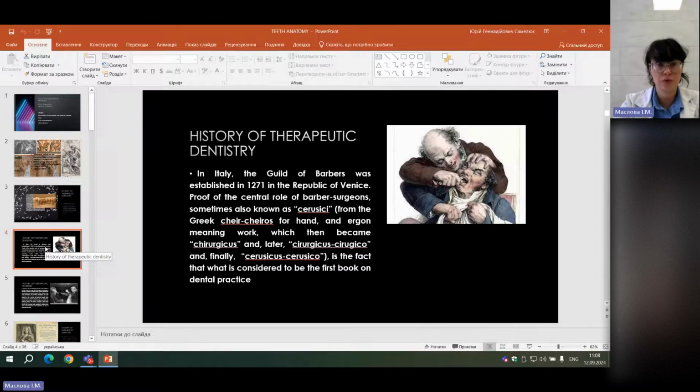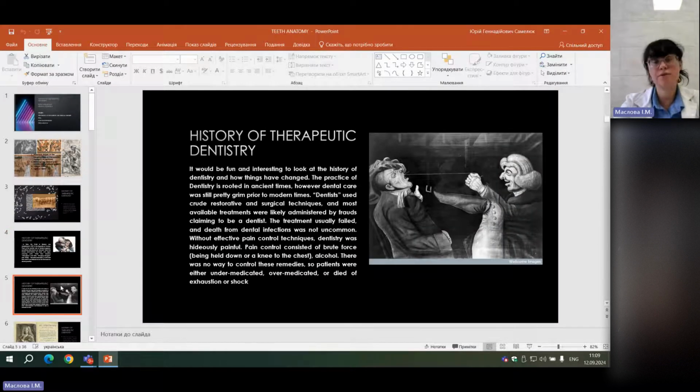Proof of the central role of barber surgeons, sometimes also known as cheirourgos, from the Greek for hand and work, which then became chirurgo, and finally surgeon. This is considered to be the first book on dental practice.